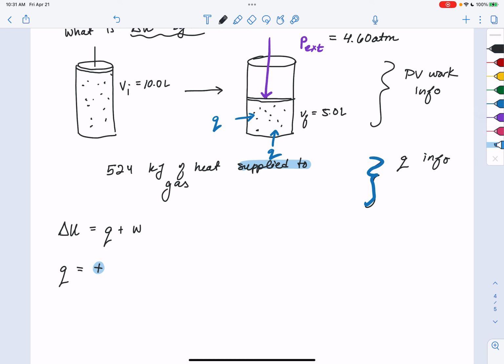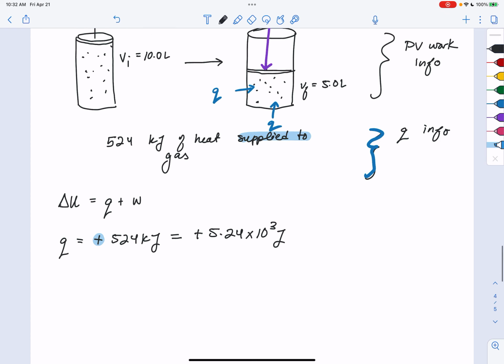So we have positive 524 kilojoules of heat, or expressed in joules, that is going to be positive 5.24 times 10 to the 5 joules. Okay, so we've got Q.